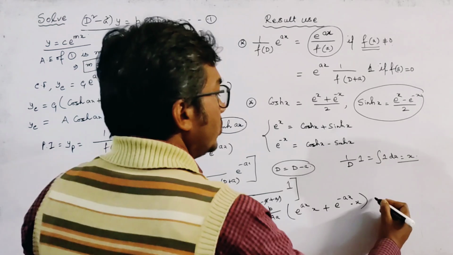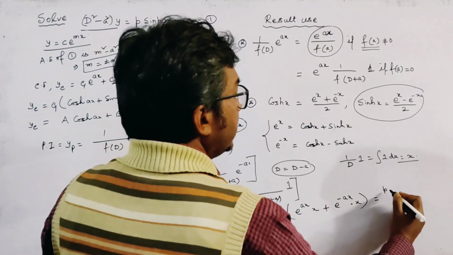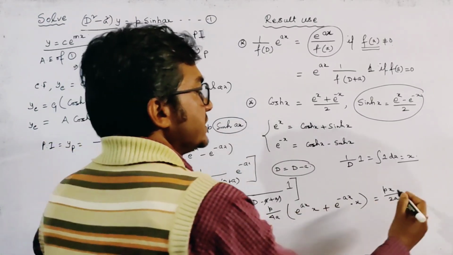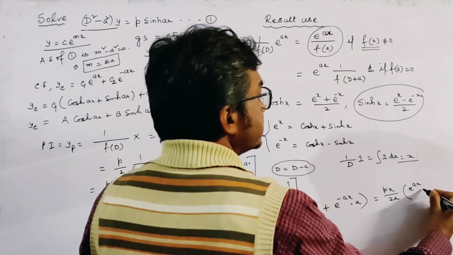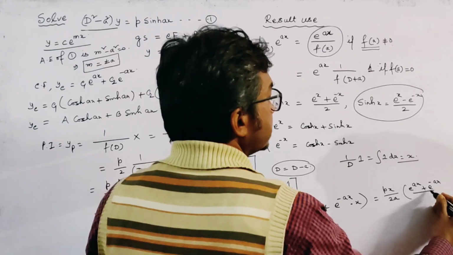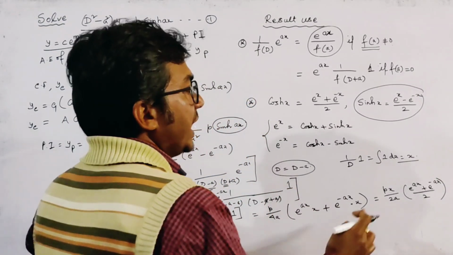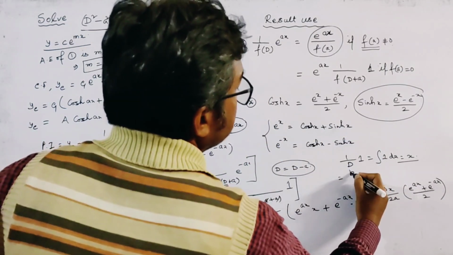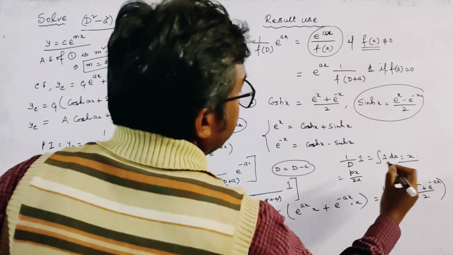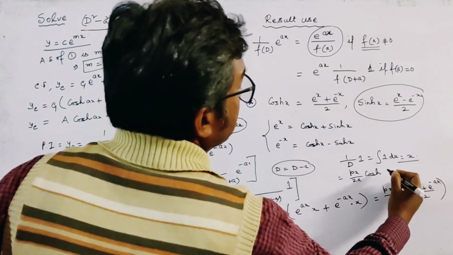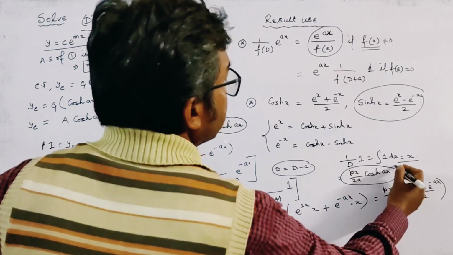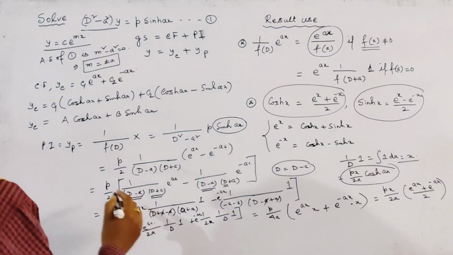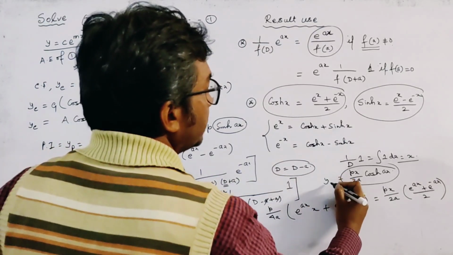We can write this as px by 2a into (e to the power ax plus e to the power minus ax) by 2. Clear? And this can be written as px by 2a into cosh ax, because this is the formula of cosh ax. This is yp.